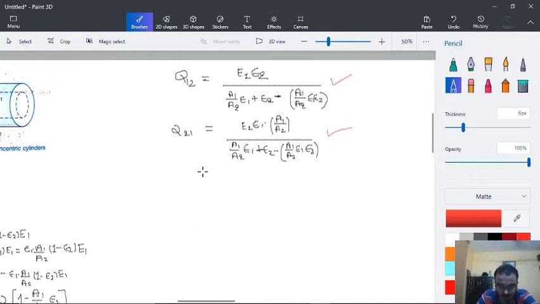Now we will see the Q. Here there is one error. This will be Q1 and this will be Q2. So net will be Q1 to 2, which is equal to A1, this is per unit area.